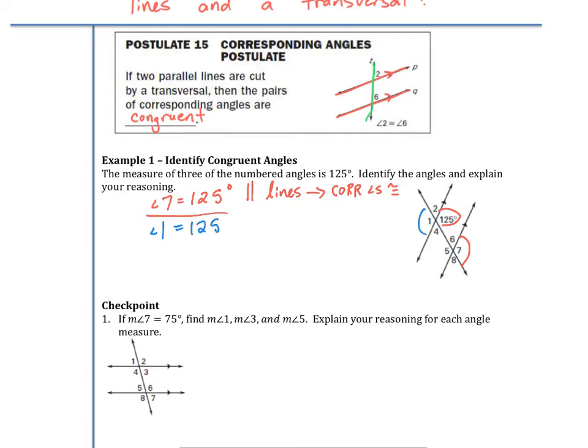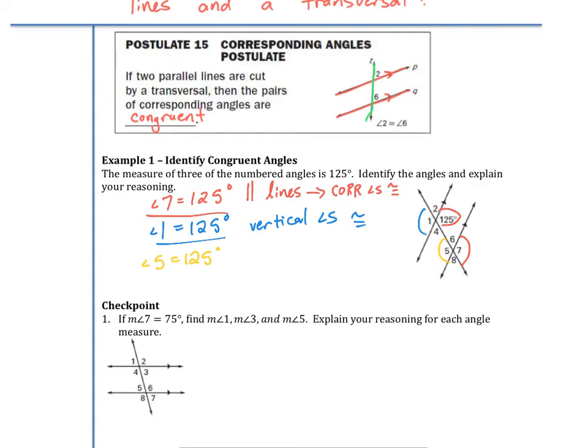And this is from something earlier this year. Our reasoning for this one is vertical angles are congruent. So angle 1 is a vertical angle with that first 125 degree angle, so we know that angle 1 is also 125. And then lastly, angle 5. Angle 5 equals 125, and there's a couple reasons.